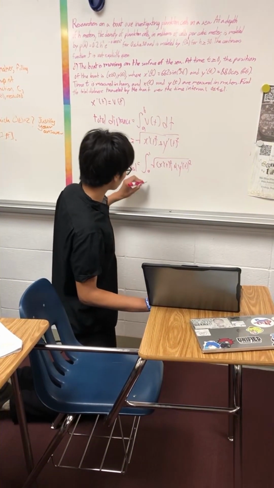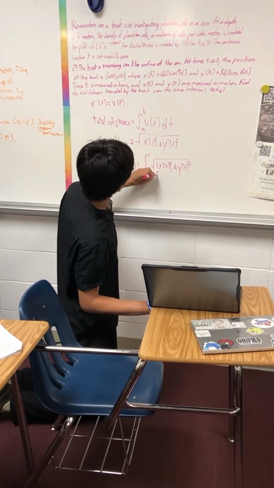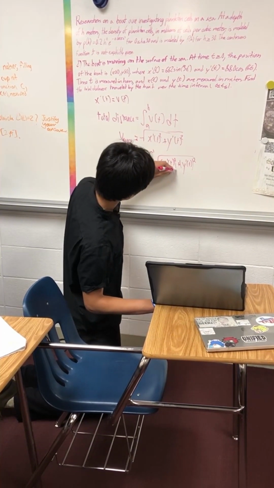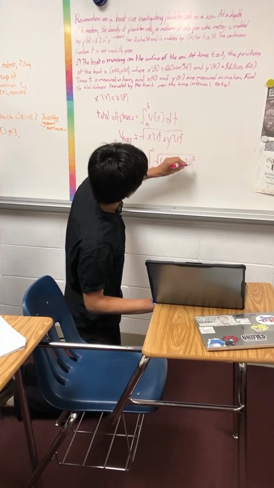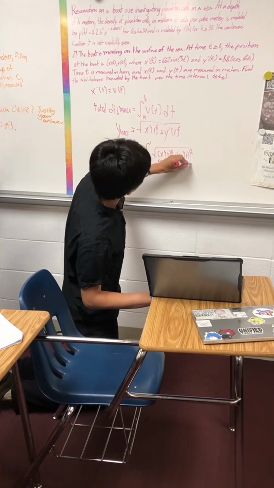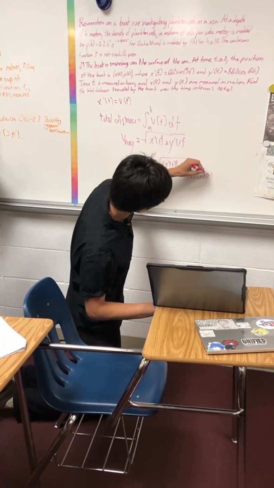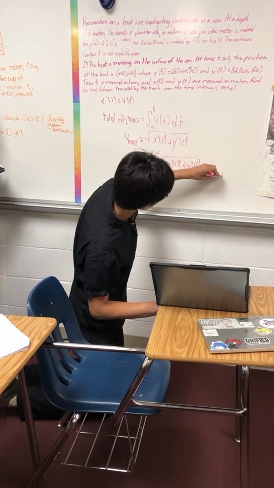Plugging in our values, that's 662 sine of 5t and 880 cosine of 6t, dt.